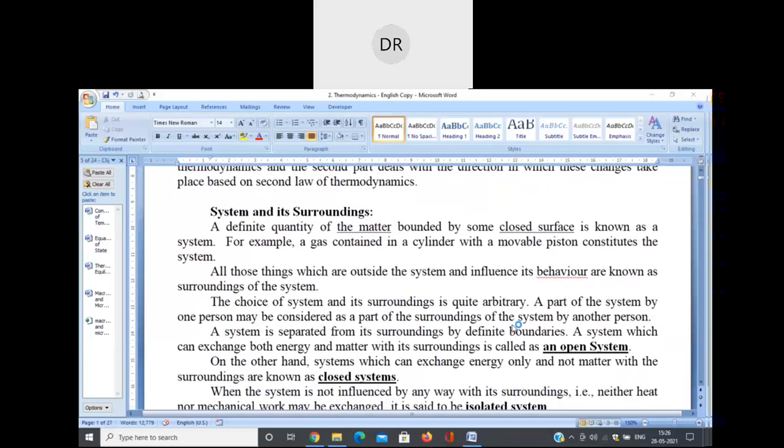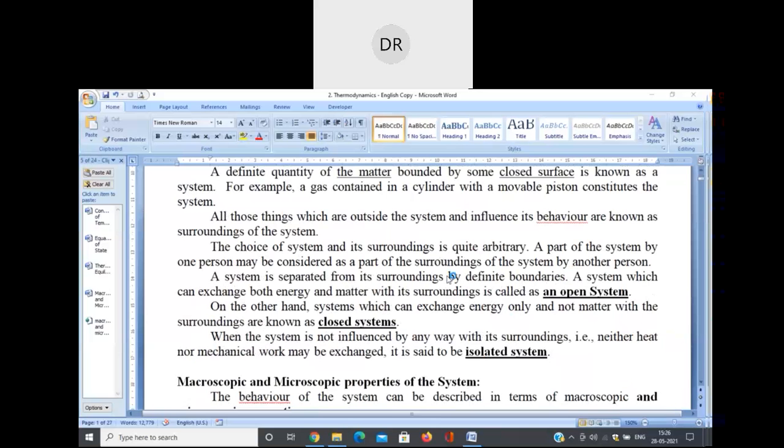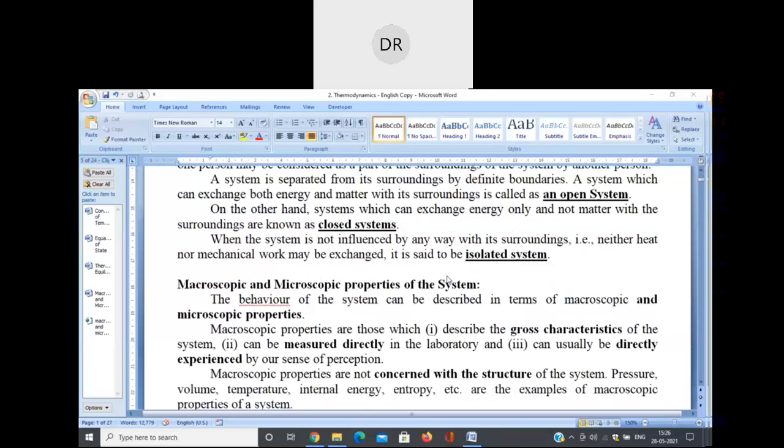Surroundings means all those things which are outside the system and influence its behavior. Systems are classified into three types based on the exchange of energy and matter. If both are exchangeable, then those are open. If only energy is exchangeable, those are closed. If neither can be exchanged, that is an isolated system.